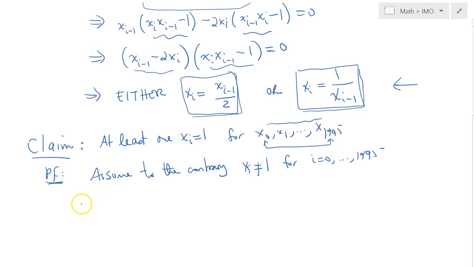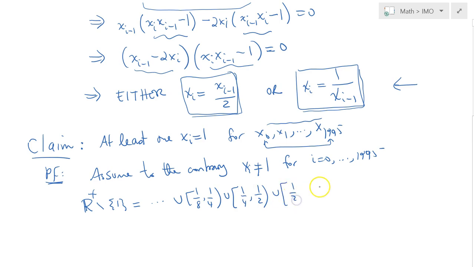So let's partition the positive real numbers with the exception of 1 into the following disjoint union: the interval 1/8 to 1/4, then 1/4 to 1/2, then 1/2 to 1.